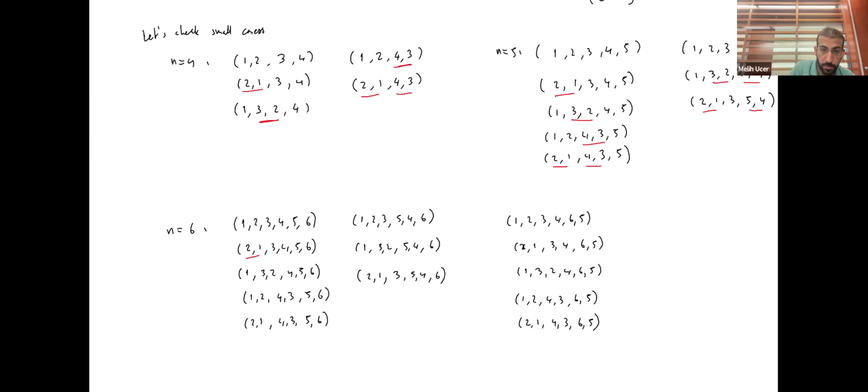Here, this is the only swap. These two are the swaps. Now this one is the swap here, and this and this are the swaps. And now there are three swaps here.